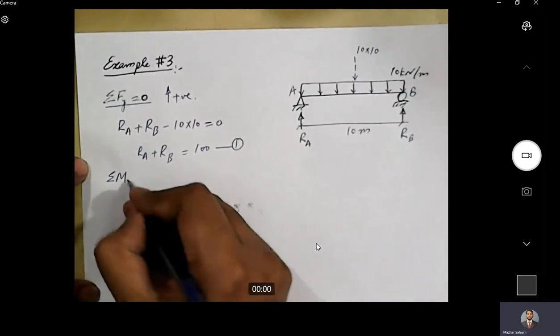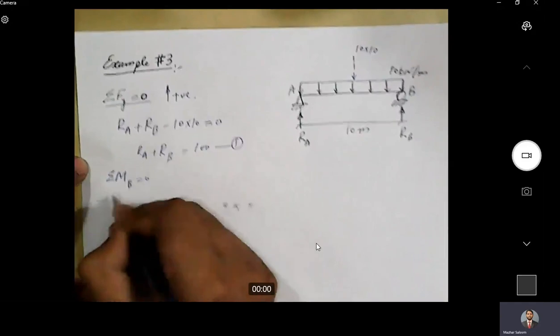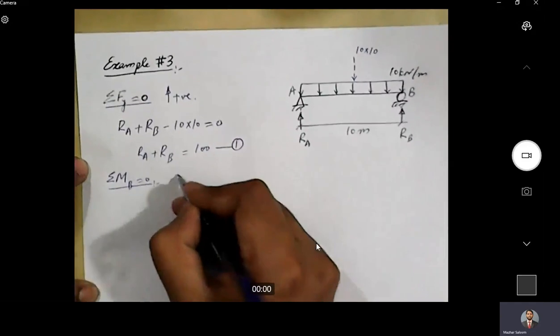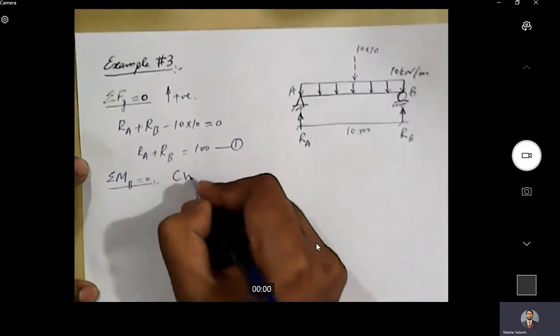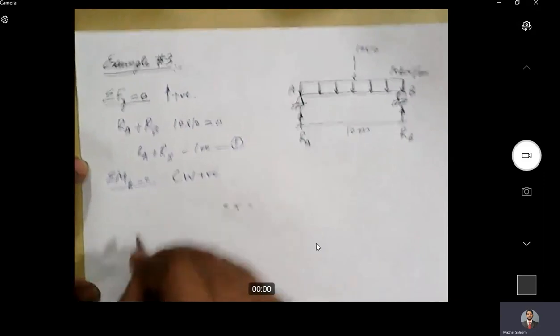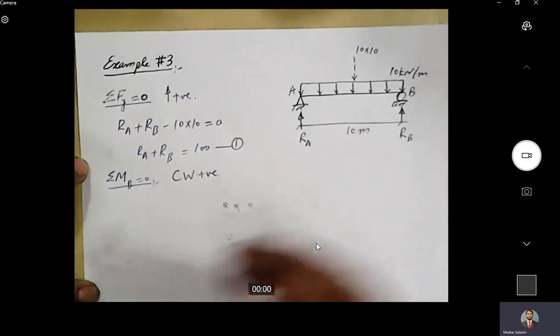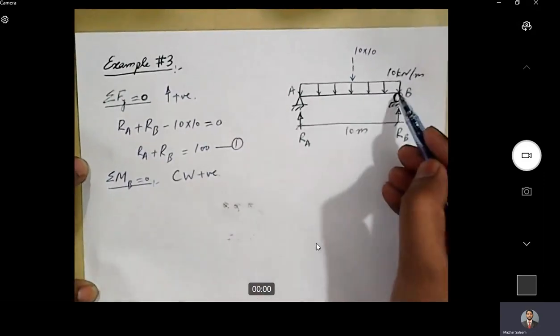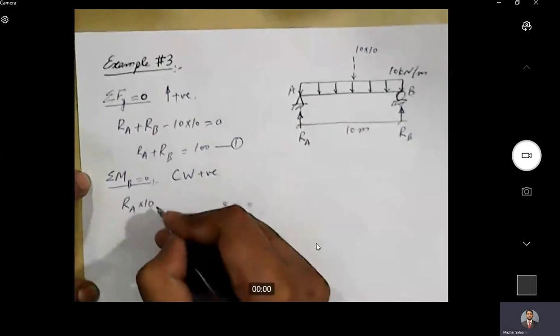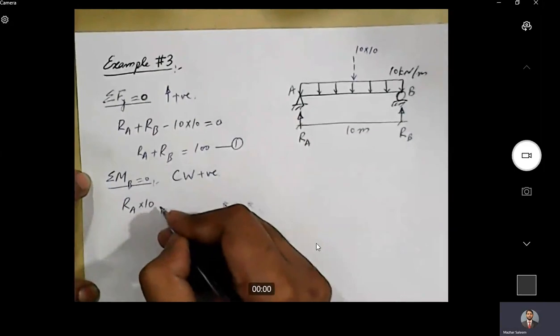Sigma Mb equal to 0, let's say. And our convention is clockwise is taken as positive. Now, if we take sum of moment about point B, Ra into 10, as it is clockwise, so we'll take it as positive.